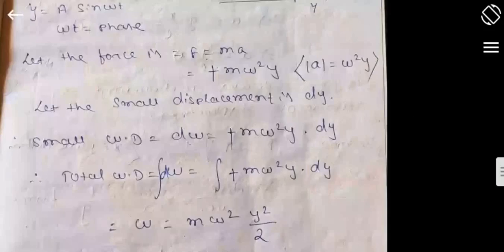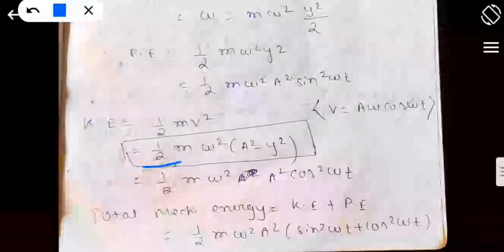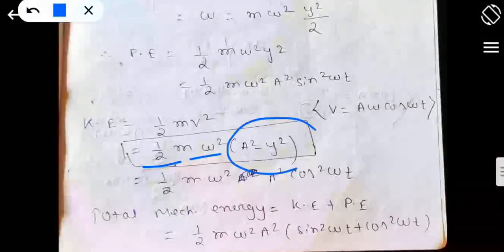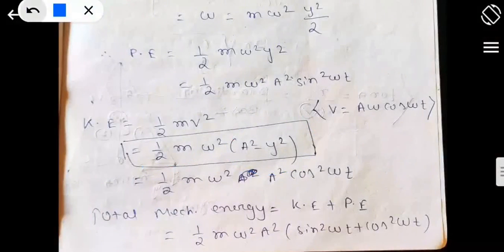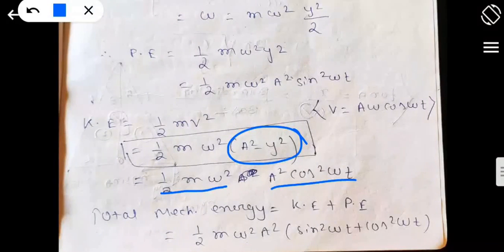So simply I can write the kinetic energy as half into m omega square into a square minus y square. And this a square minus y square I can write as a square cos square omega t, right?